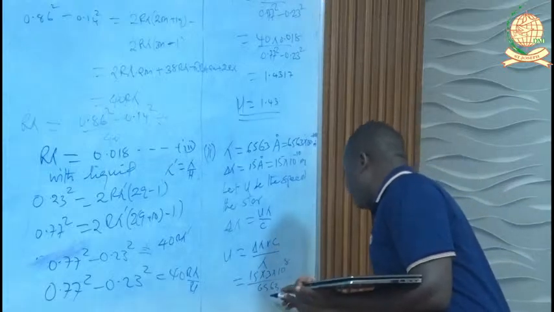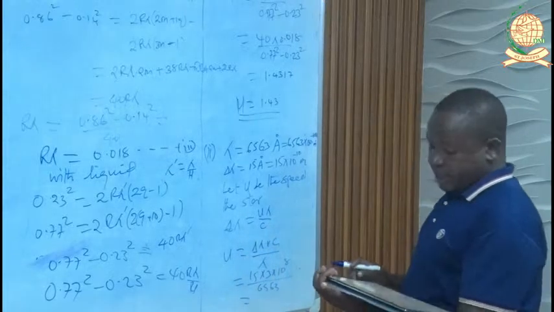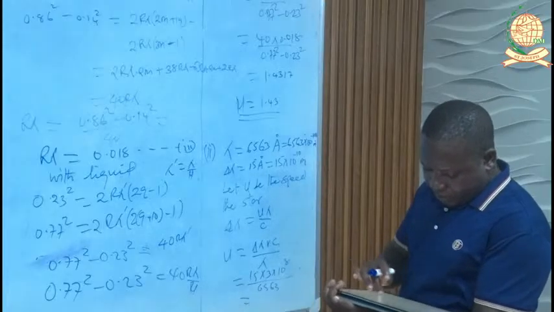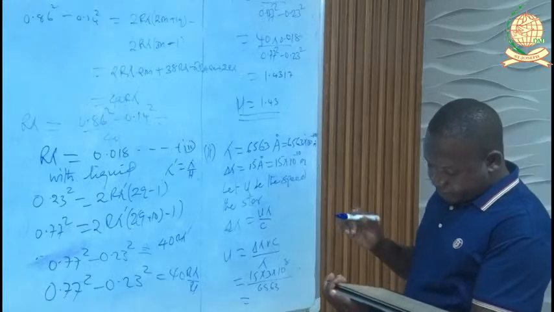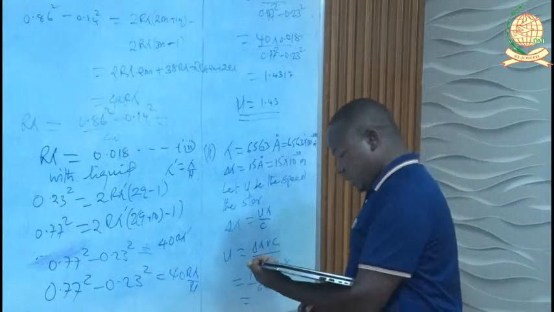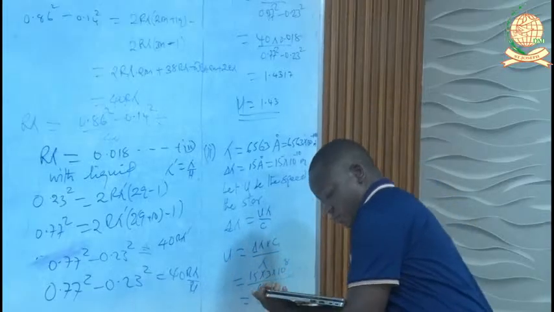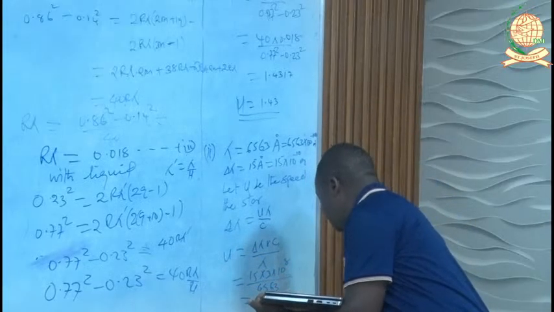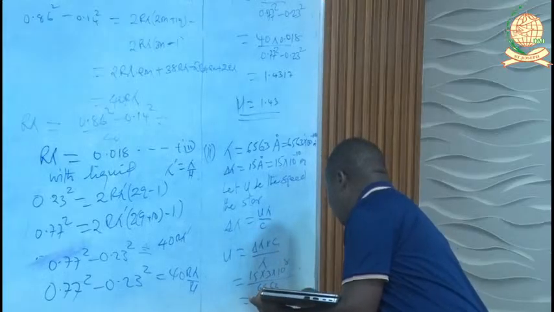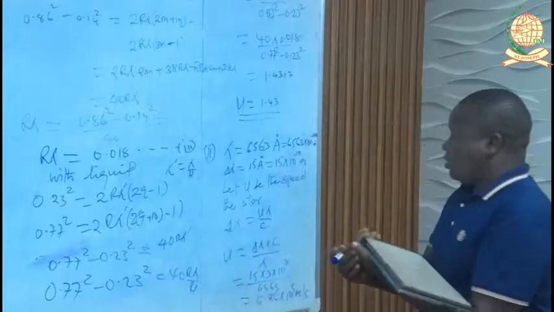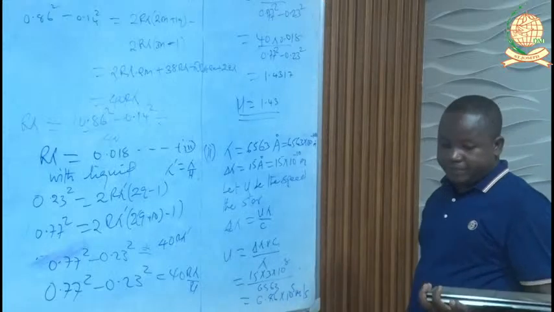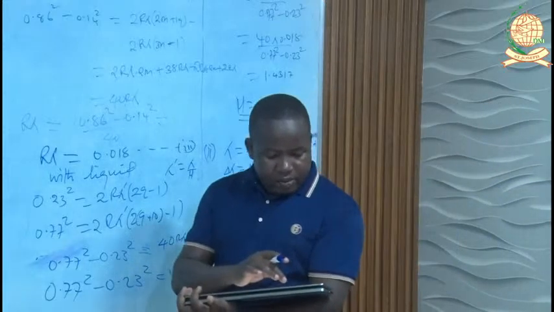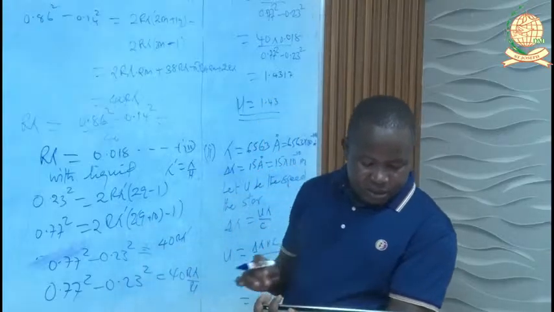So you get the speed, I think, to be 6.86 times 10 to the 5 meters per second. So the receding star will be moving at this speed. I move to the last part E.